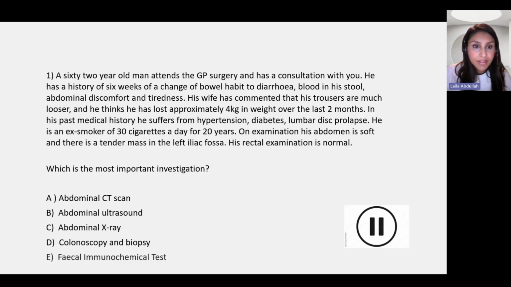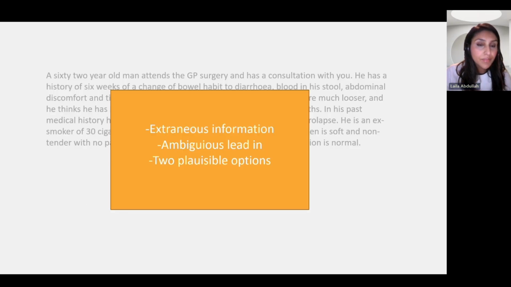He is an ex-smoker of 30 cigarettes a day for 20 years. On examination, his abdomen is soft and there is a tender mass in the left iliac fossa. His rectal examination is normal. Which is the most important investigation? Abdominal CT, abdominal ultrasound, abdominal X-ray, colonoscopy and biopsy, fecal immunochemical test.